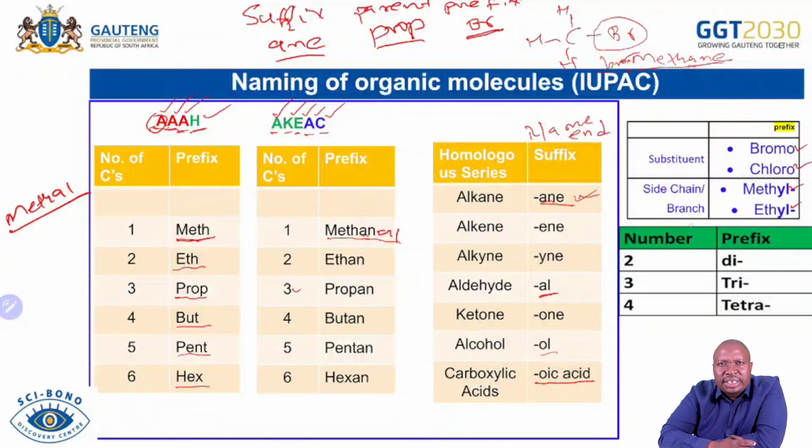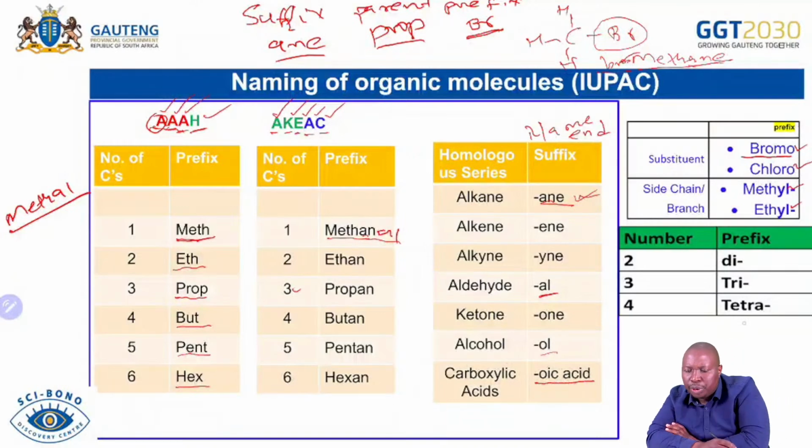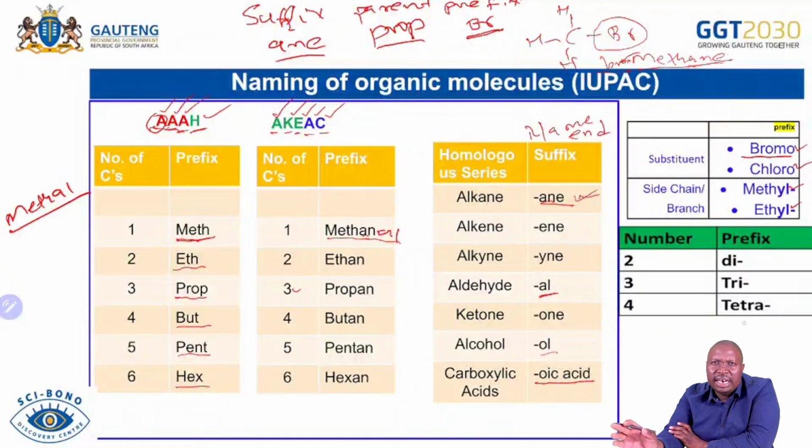And in most of our structures, maybe you have two bromos that are substituted in one structure. So if there are 2, you will say dibromo. If there are 3, you will say tribromo, 4 tetrabromo. Then the name of the alkane. I hope you get that and it will help you, as now we're going to do activities.